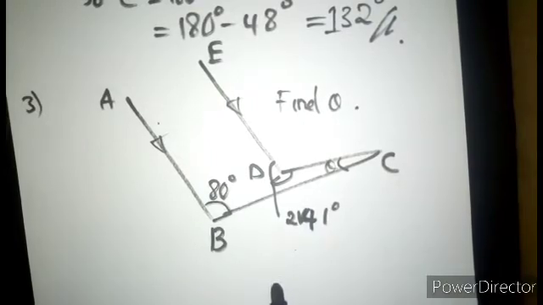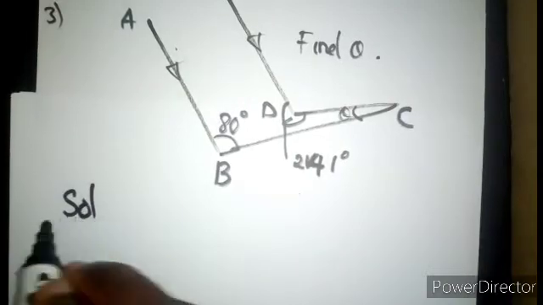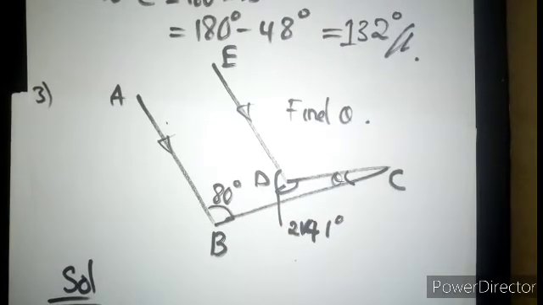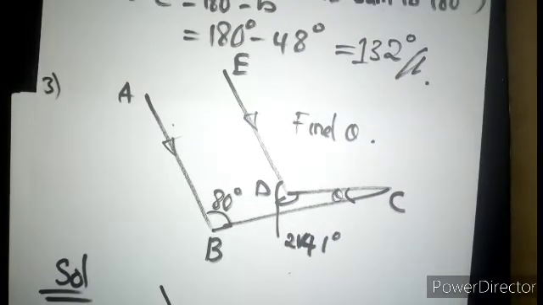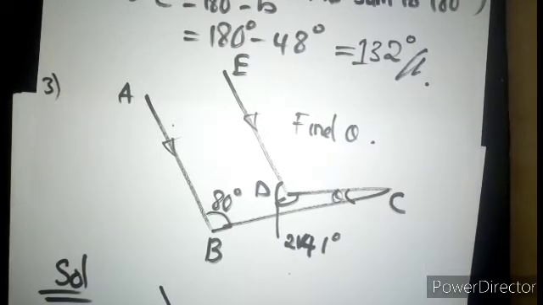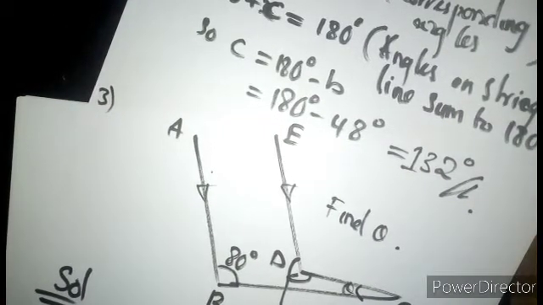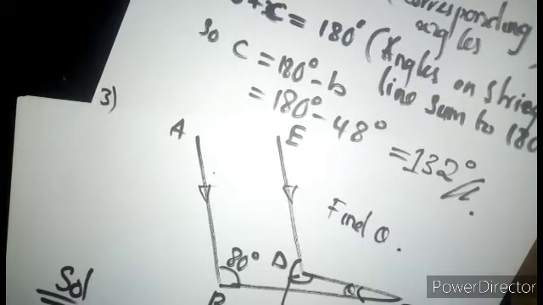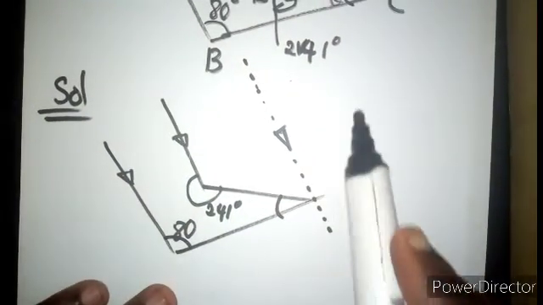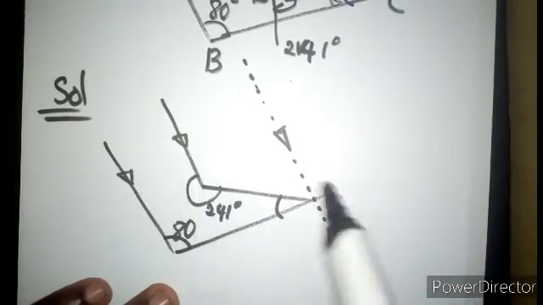How do we obtain angle theta? Consider an imaginary line parallel to these two lines.